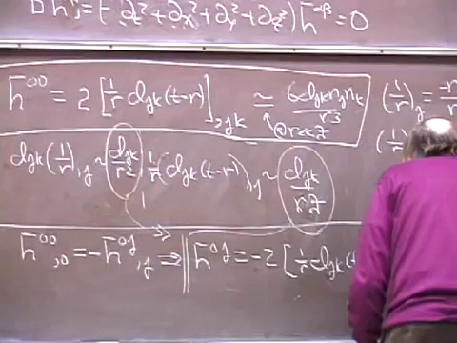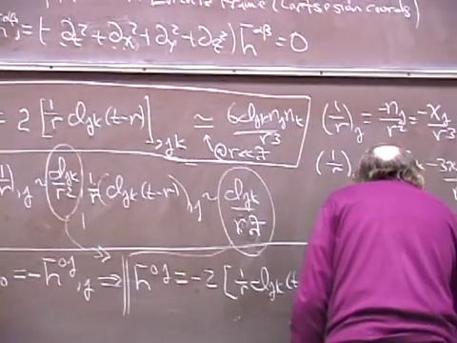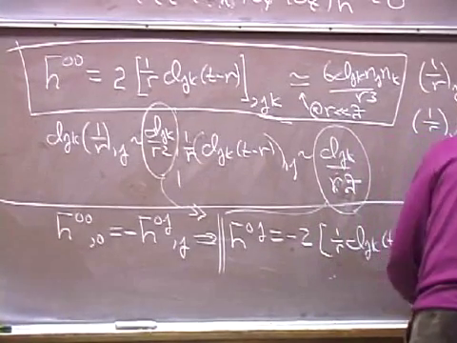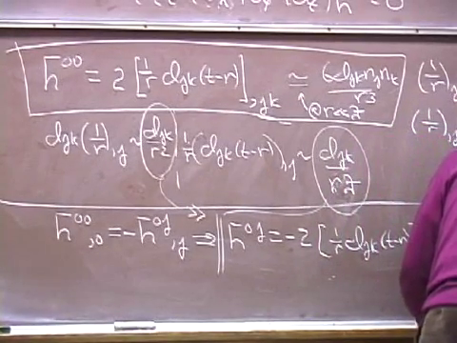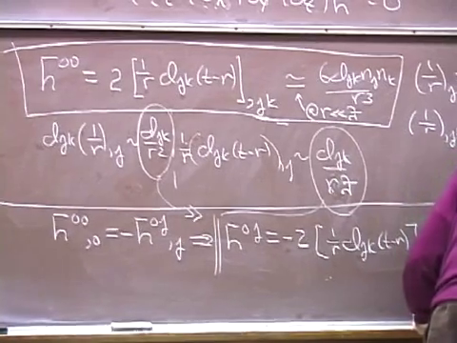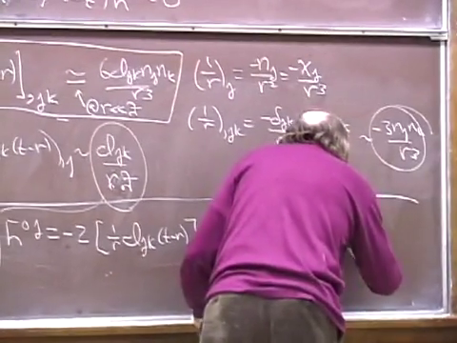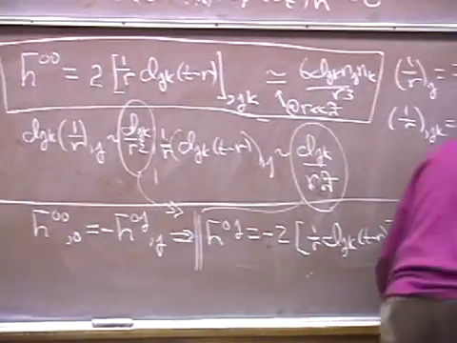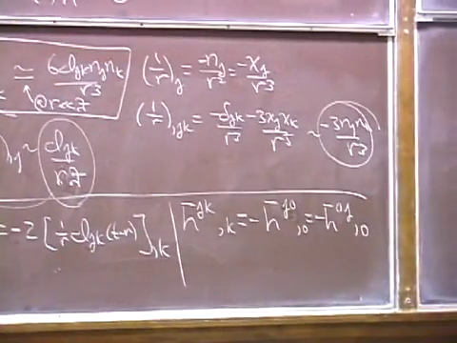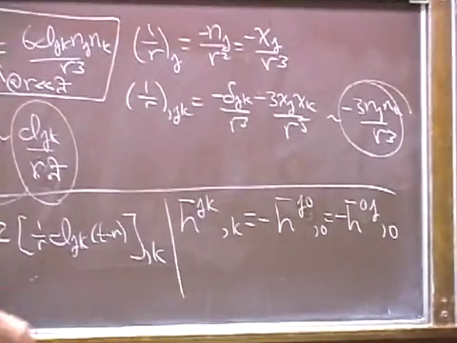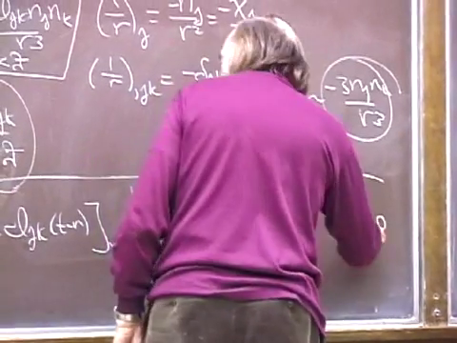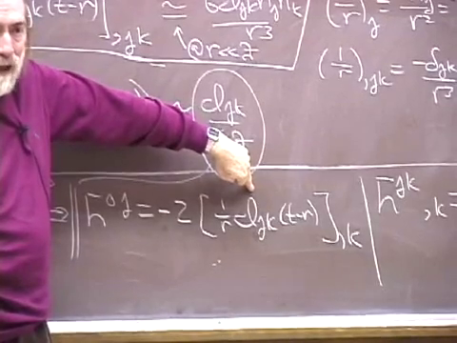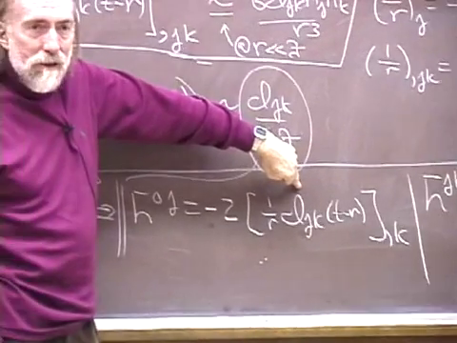And then I can go one more step. h bar jk comma k must be equal to minus h bar j0 comma 0, which is the same thing as minus h bar 0j comma 0, since h bar is symmetric. I know this one, I just put one time derivative onto that. And so I ask myself, what do I need for the space-space piece?